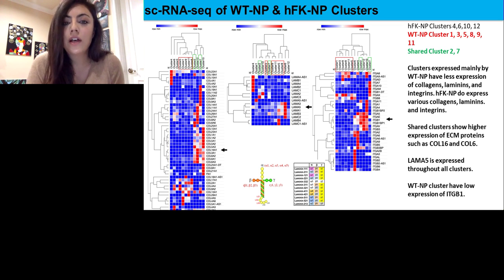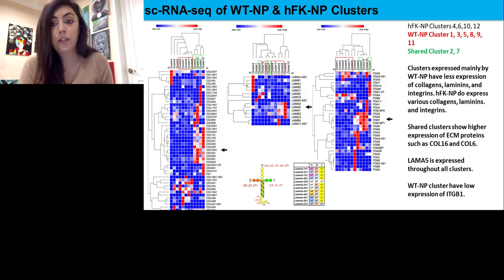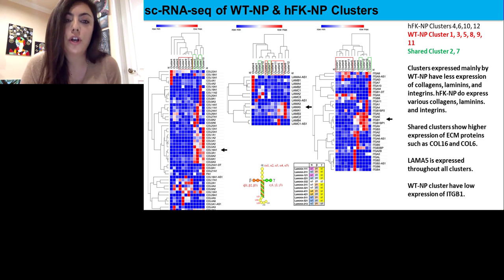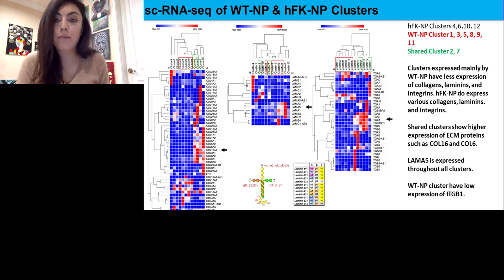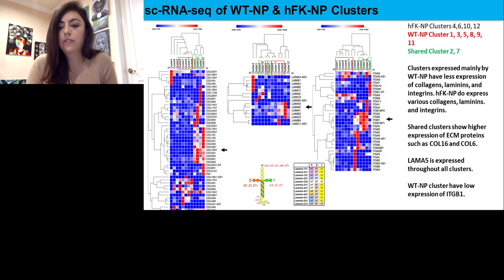While clusters mostly expressed by human fetal kidney nephron progenitors appear to have stronger expression of extracellular matrix proteins. And clusters shared by both seem to have stronger expression compared to the Wilms tumor nephron progenitor only clusters. But of the 2 shared clusters, one did in fact have expression of integrin beta 1, but the other cluster did not.